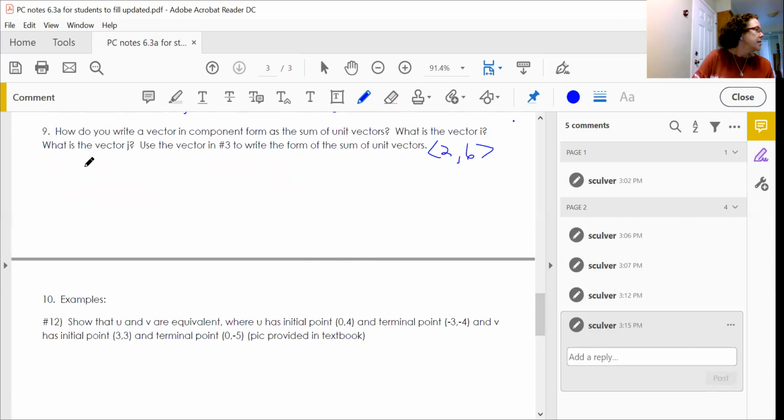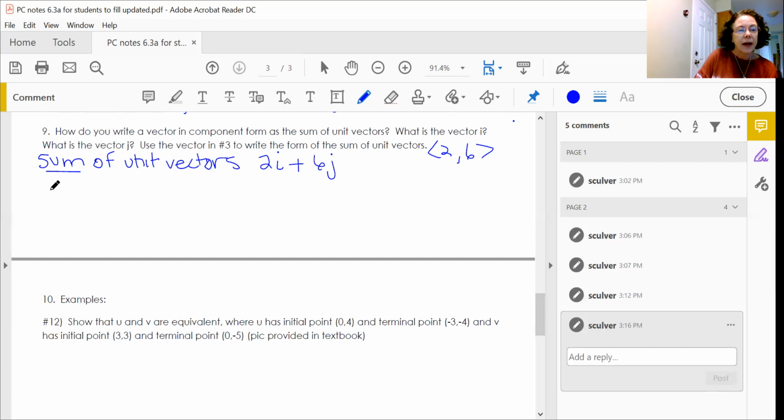So the sum of unit vectors instead of component form is as easy as 2i, the horizontal component, plus, notice it said sum of unit vectors, 6j. It really is that easy.